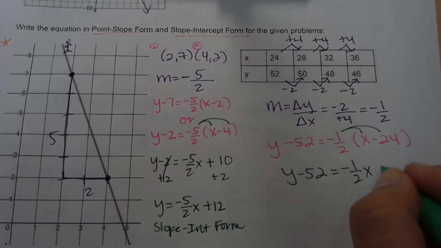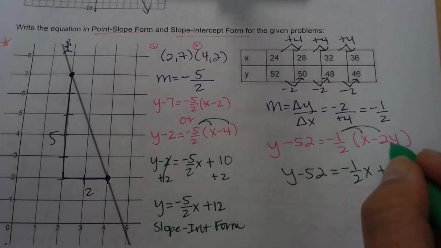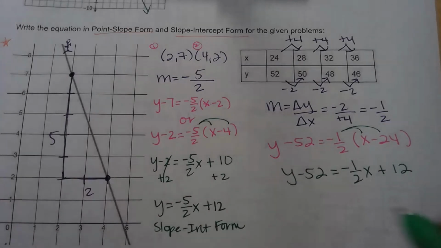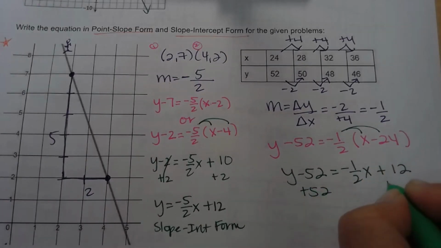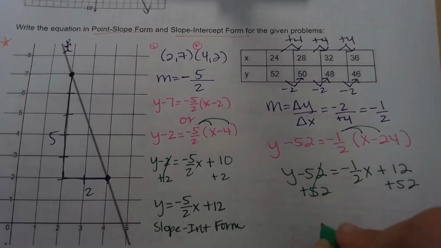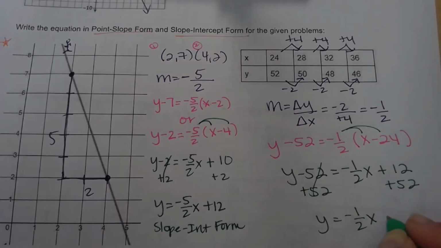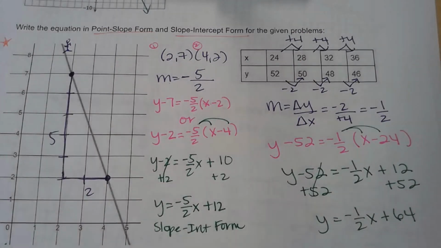A negative times a negative is a positive. Half of 24 is 12. Add 52, and I get y equals negative 1/2 x plus, what is that, 64? Yeah, 64. And that would be my slope-intercept form.